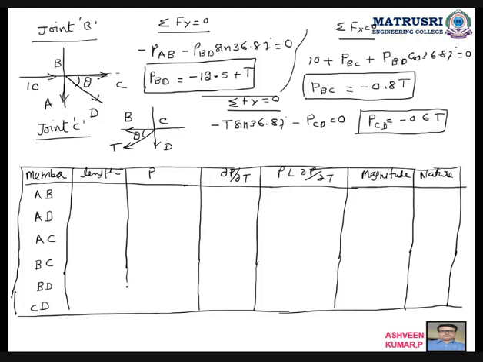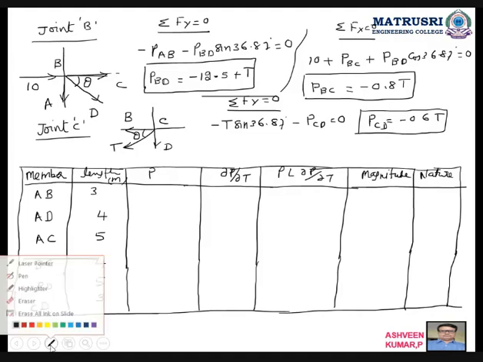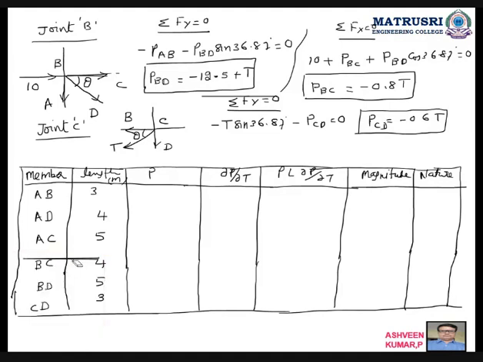All the members. Length you can write it. 3, it is in meters. 3, 4, AC will become 5 using Pythagoras theorem. BD also will become 5 using Pythagoras theorem, as the root of 3 square plus 4 square will become 5.